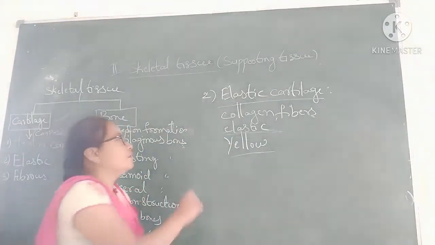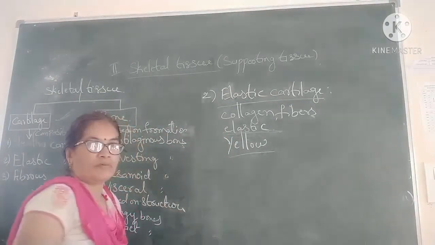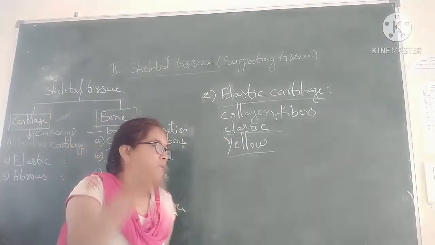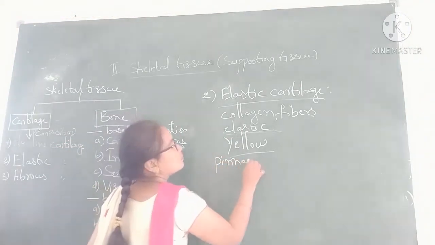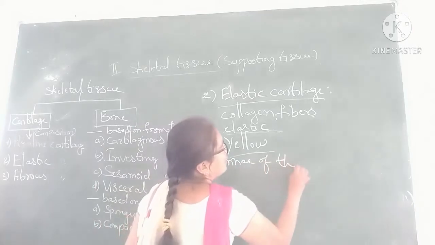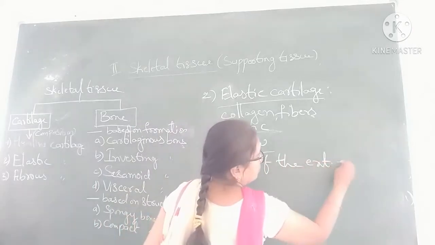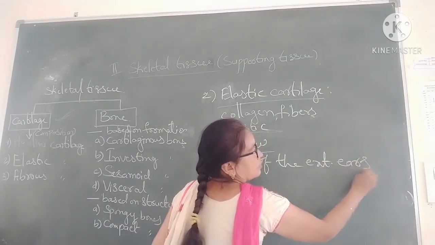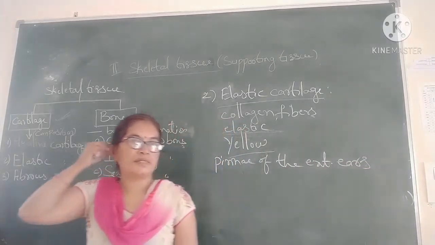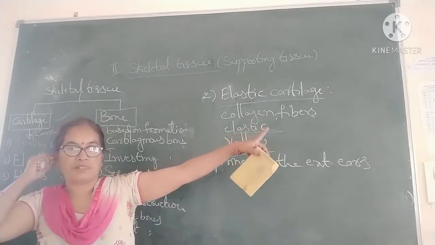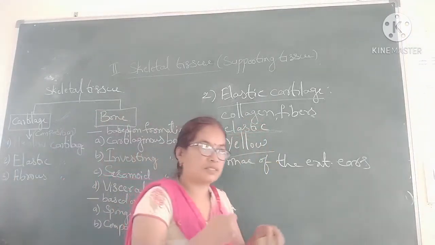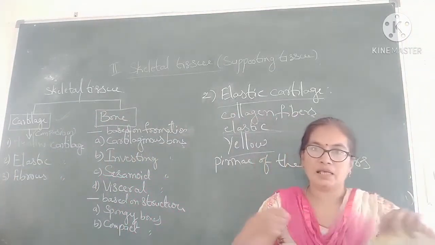This elastic cartilage is found in the pinnae of the external ear. These pinnae are made with elastic fibers, and they give strength and elasticity.